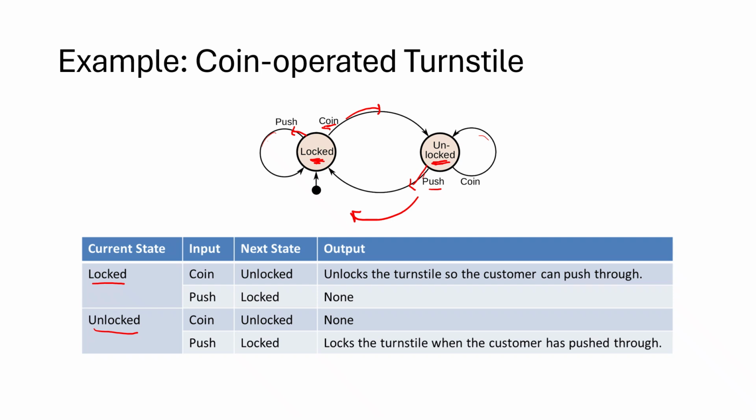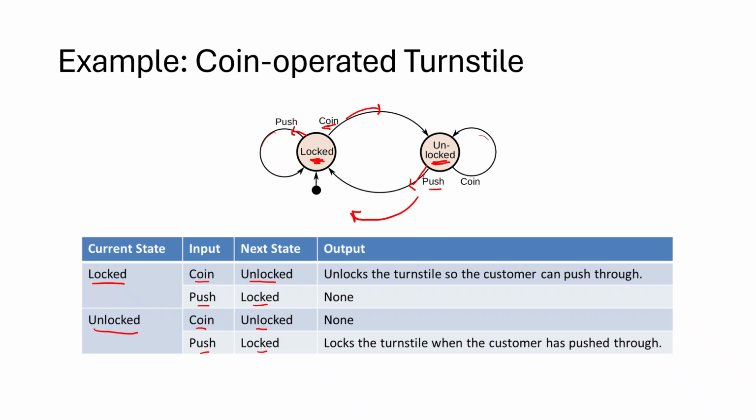We have two possibilities: it's either that they insert a coin or push it. And similarly for the unlocked situation. Then depending on the combination of the current state and the input, we are going to have the next state that the machine ends in and the output, what happens as a result of that action.